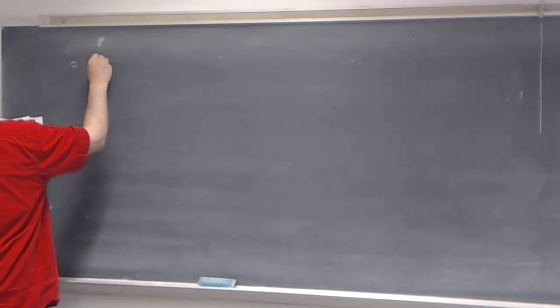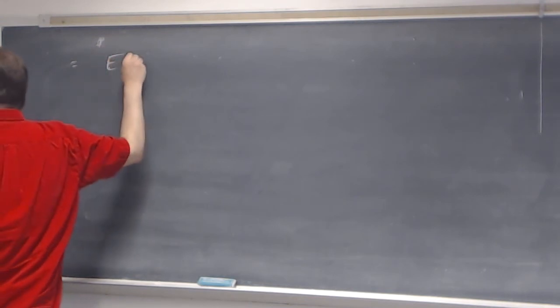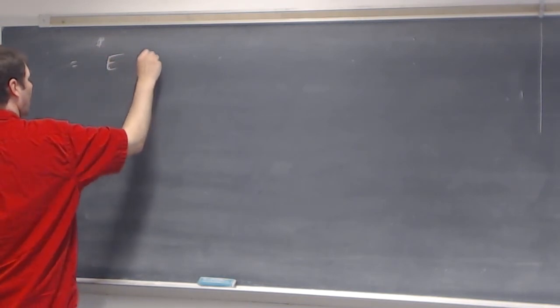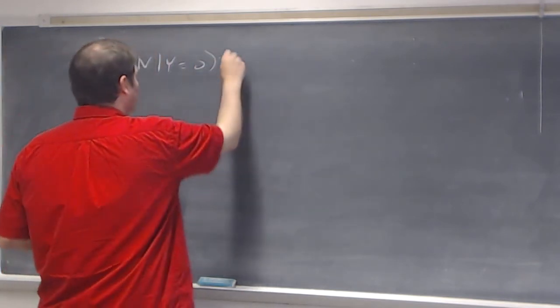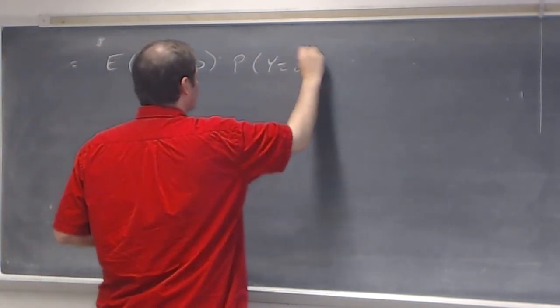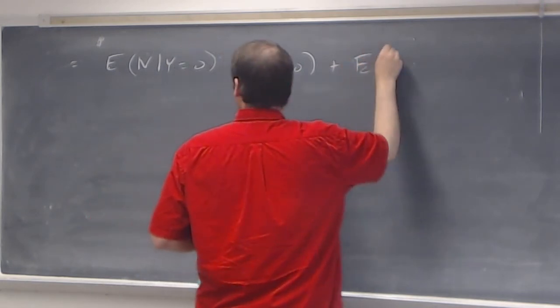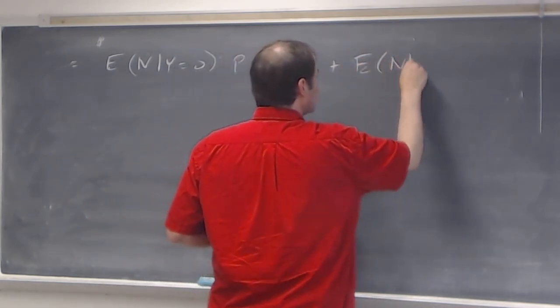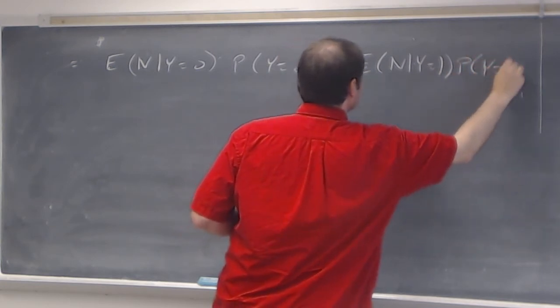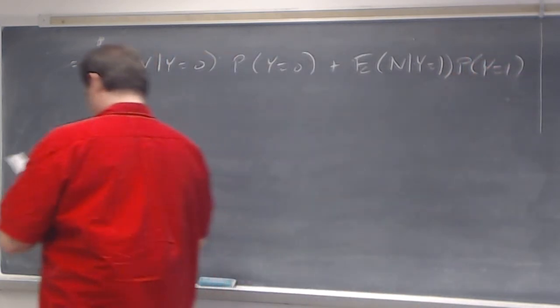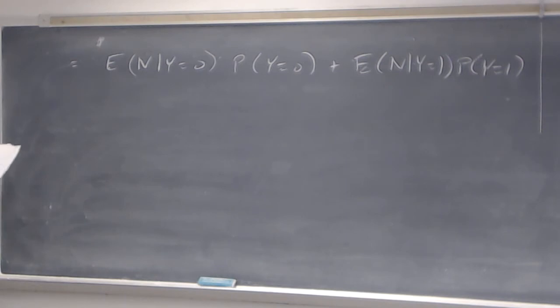Okay, this will be equal to the expected value of N given Y equal to 0 times the probability that Y equals 0, plus the expected value of N given Y equal to 1 times the probability that Y equals 1.